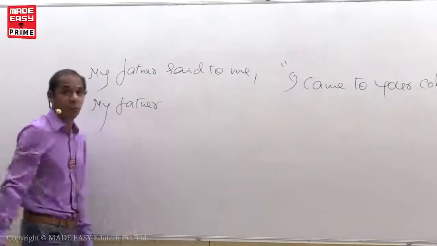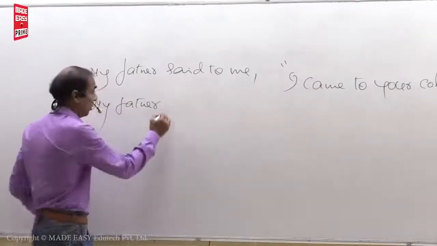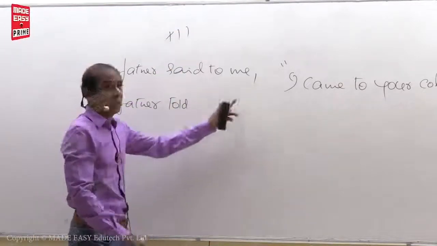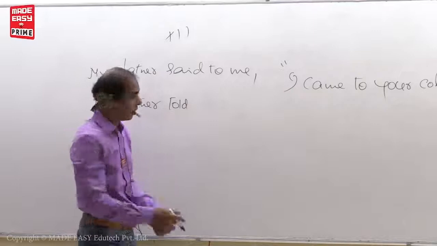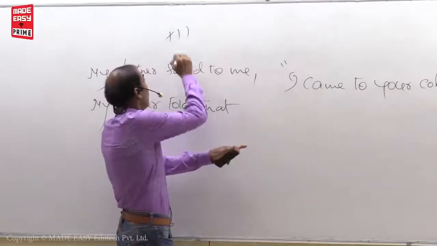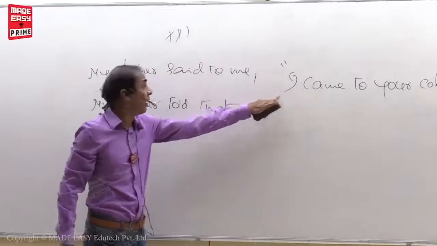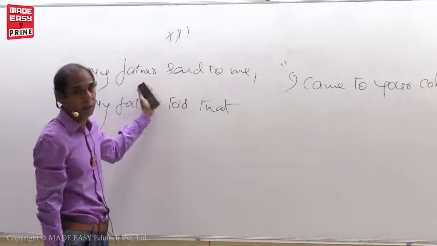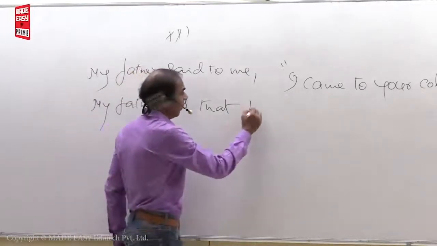First rule, "said to" changes as "told". Next, connect the two sentences with "that". Third rule, change the person in the direct speech in relation to the speaker. Who is the speaker here? My father, male. That he.